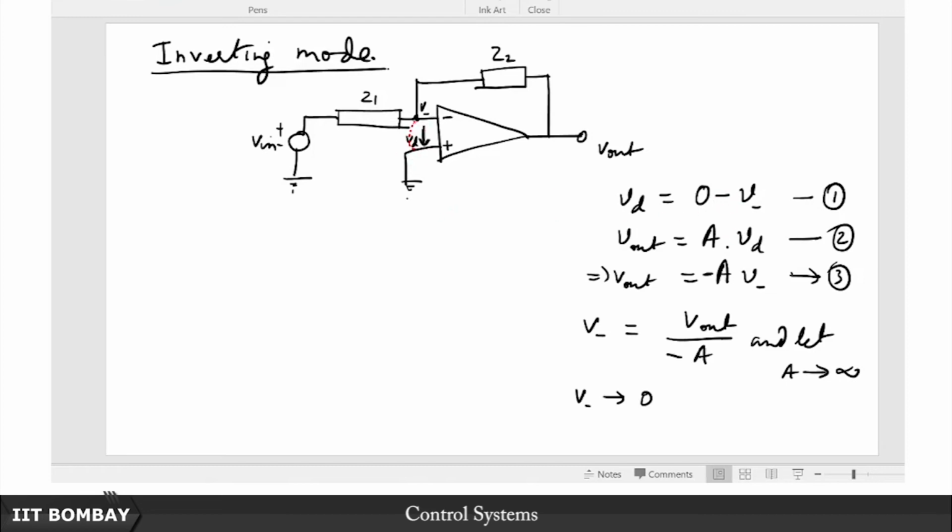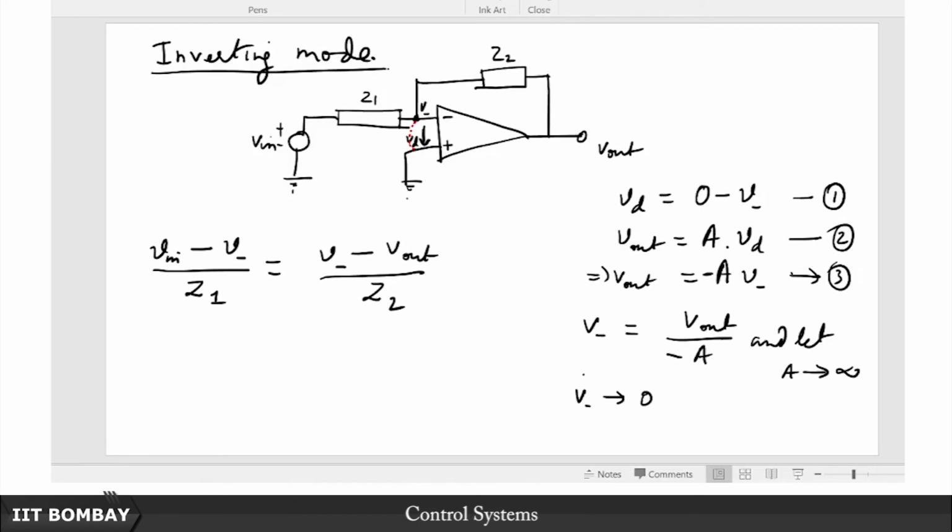So now I can write the Kirchhoff's current law. What is the Kirchhoff's current law? It is going to tell me that V in, the voltage at this terminal, minus V minus, by Z1 is equal to the current flowing from V minus in this direction, minus V out over Z2.